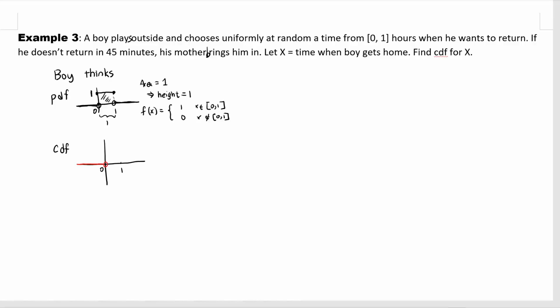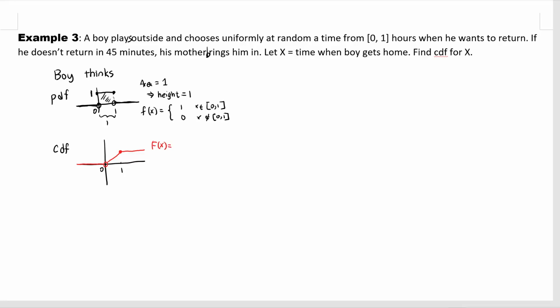The integral of 1 is x, so it's a line. And after 1, the total probability is 1, so it stays right here.